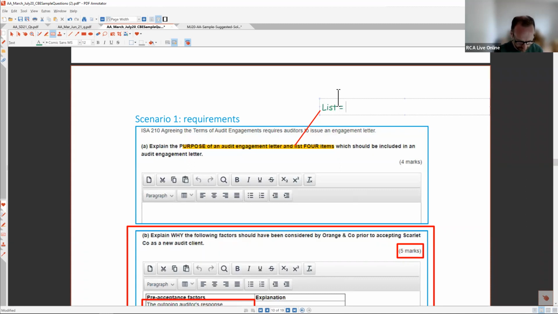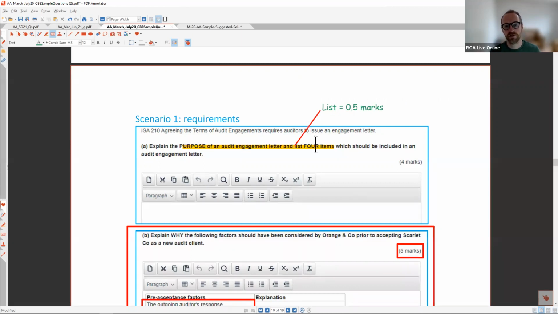List equals half a mark. I know they say 4 items, so you know that's going to be half a mark. But in questions where they don't, if they ask for a list, then that list is only going to be half, whereas explain is going to be 1. So you need to read the requirement, think about the marks, build your answer.